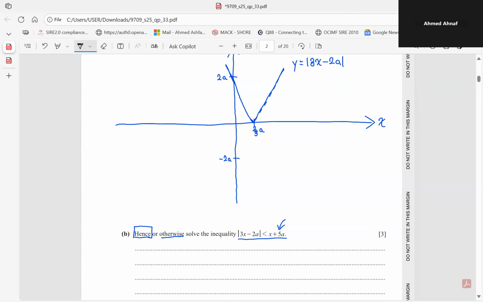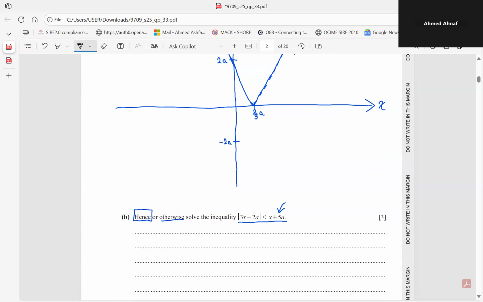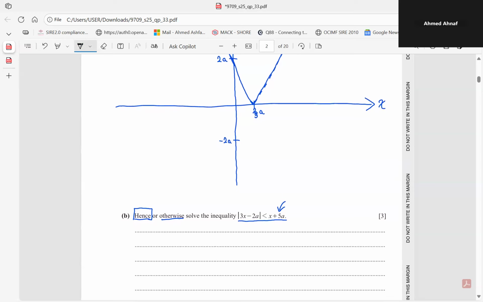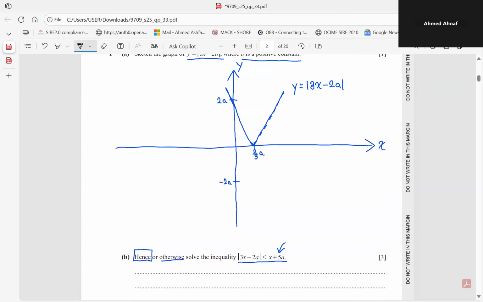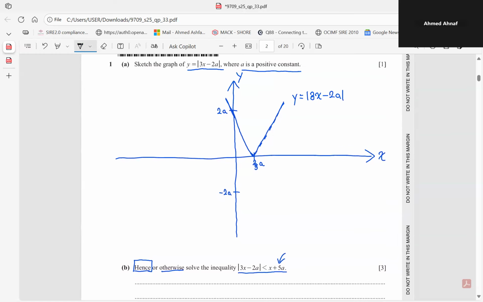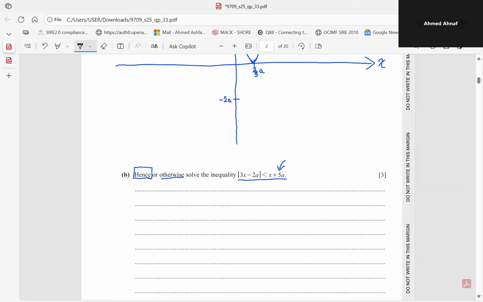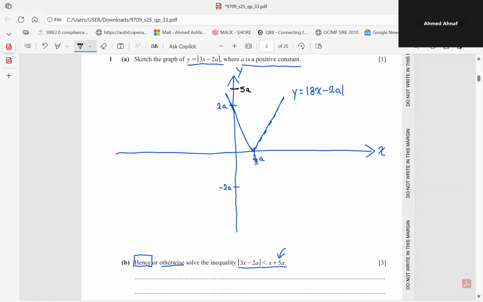The x-intercept would be found by setting x plus 5a equals 0, so that's x equals minus 5a. So that would be somewhere here. I'll just put it somewhere here, even though it's not accurate.